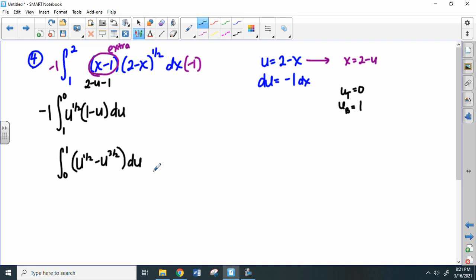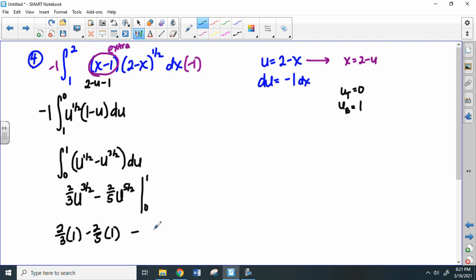And now I'm ready to integrate. So we're going to add a power, divide by the new power, add a power, divide by the new power, plug in my bounds. Well, 1 raised to a power is still 1, both times I raise it. And then when I subtract and plug in 0, those give me zeros.